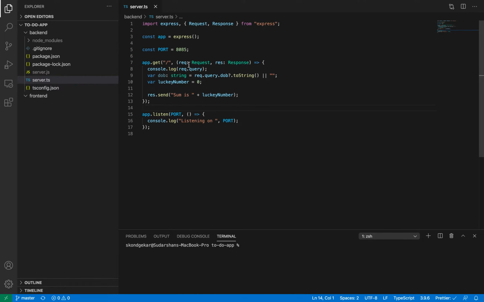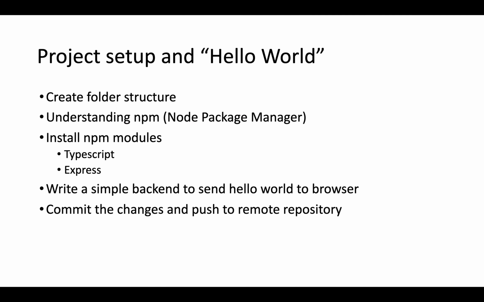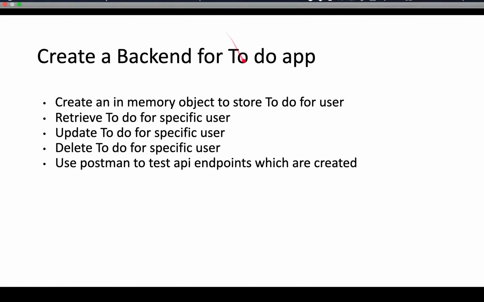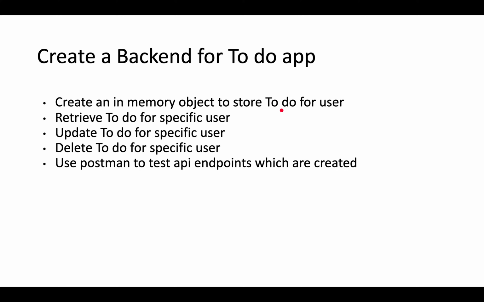Now, in this session, we are going to make a simple backend for a to-do app. What we are going to do is create an in-memory object store to store to-dos for users.